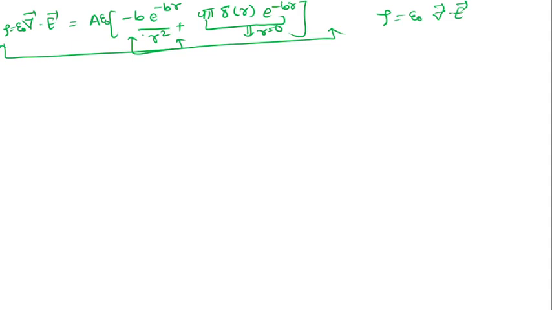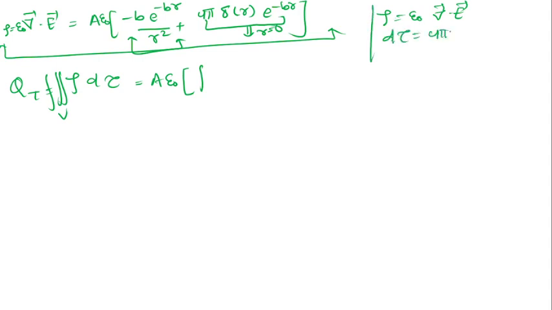Now we have to find the total charge. Total charge is equal to integral of rho d tau over the volume V. From the first thing we get A into epsilon naught, which comes outside the integration because these two are constants. Now this is a radial distribution, so we can write d tau is equal to 4 pi r square dr, the volume element. r varies from 0 to infinity because the volume integration is over all space.